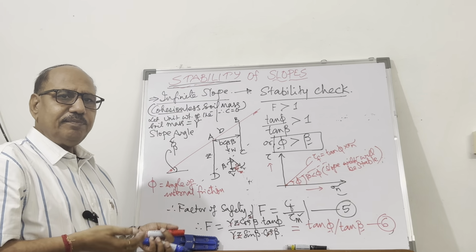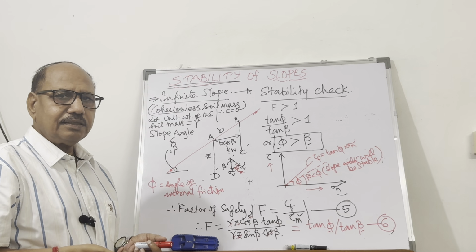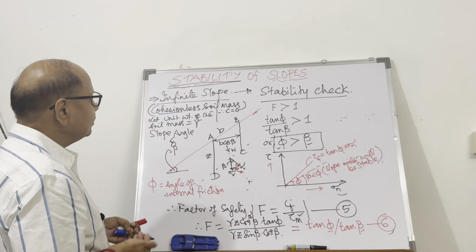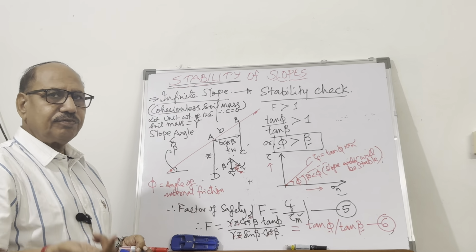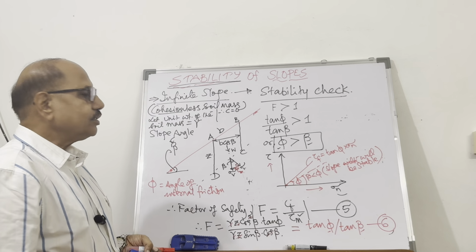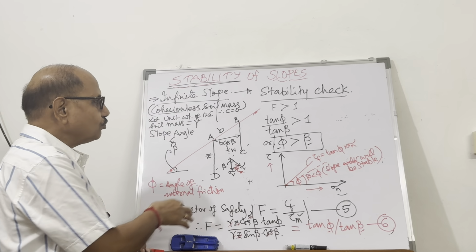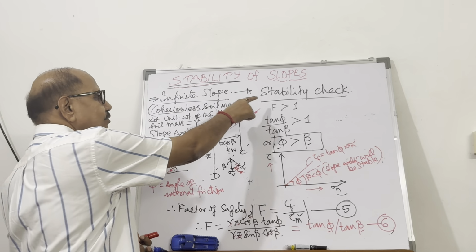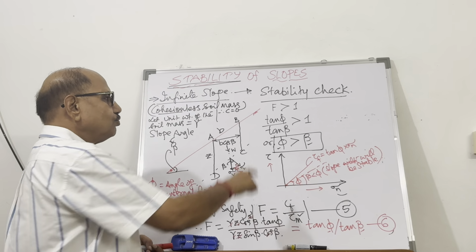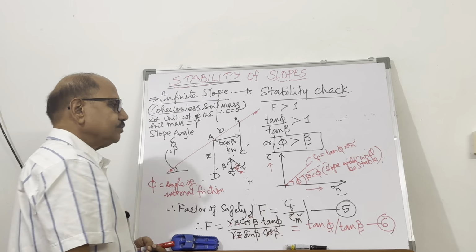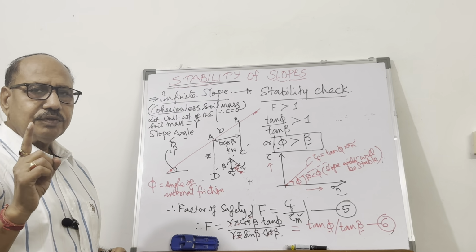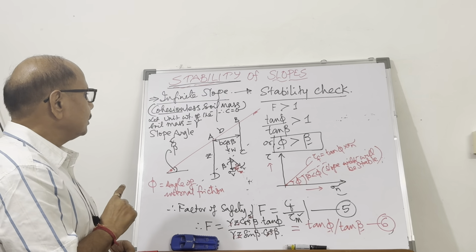The slope may be made of C phi soil. So if it is made of C phi soil, in the next video, I will let you know how to go for stability checks, how to find out the factor of safety if it is made of C phi soil.